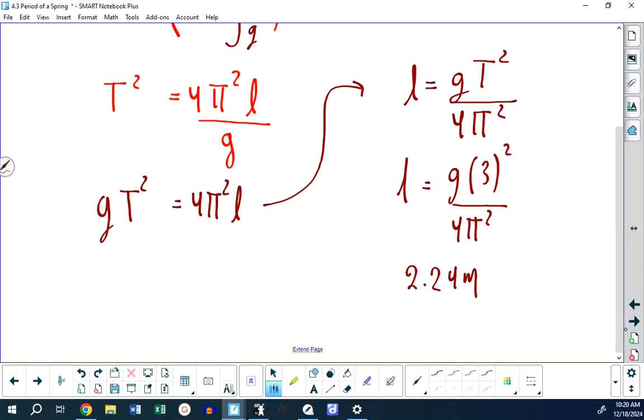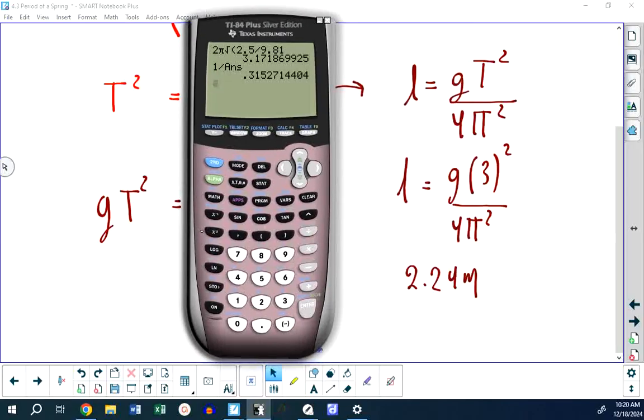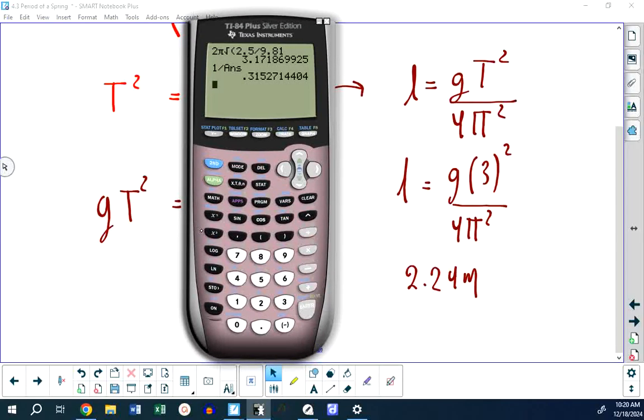Did anybody get an answer that's not that? Either nobody did or nobody wants to say they did. If you go 9.81 times 3 squared, which is 9, divided by 4 pi squared, why is that going to give you the wrong answer? Right.